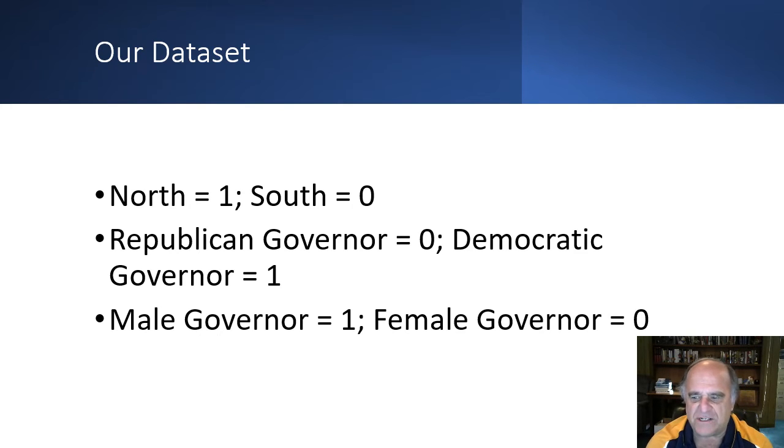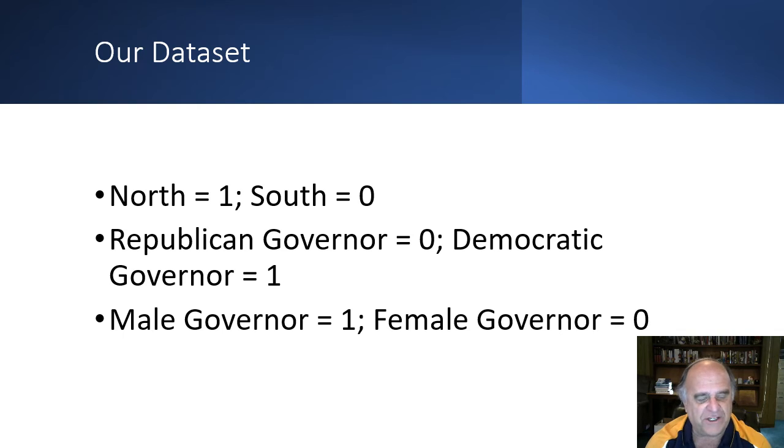Some people have been interested in the political party of the governor. So I coded a Republican governor as 0, a Democratic governor as a 1. And then there was even an article in Journal of Applied Psychology, but there's been a lot on Twitter and in other social media outlets about female presidents of countries or female governments running countries being more successful in handling COVID than male-run governments or male presidents.